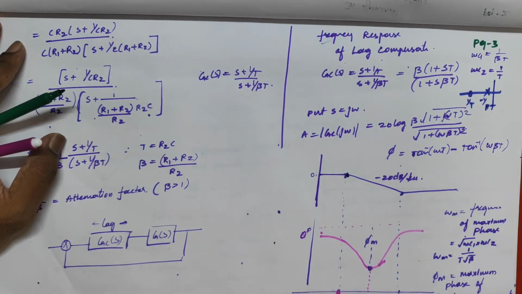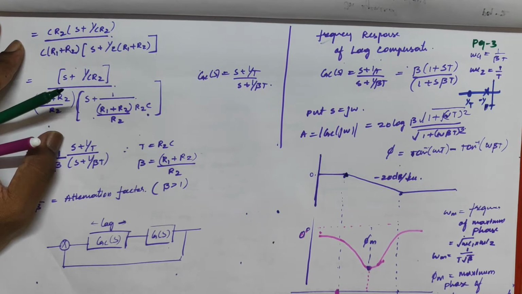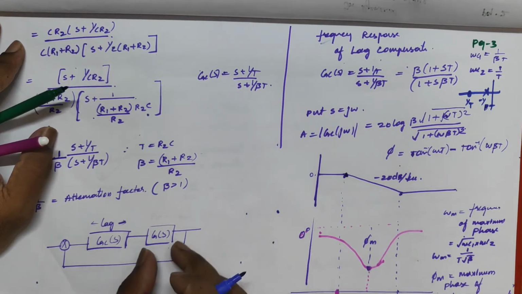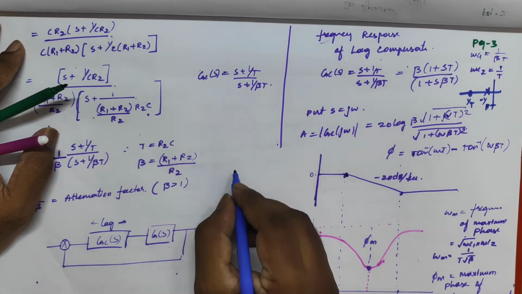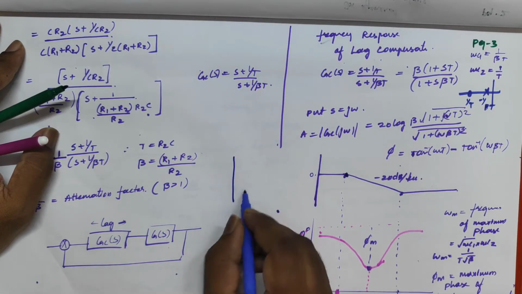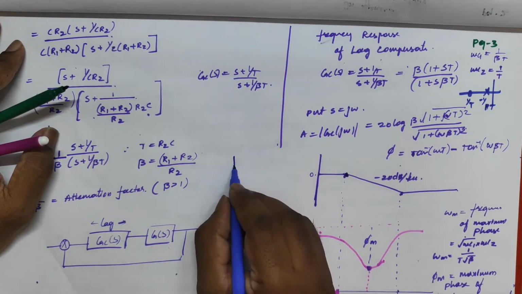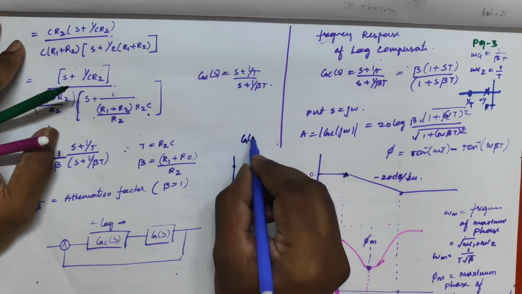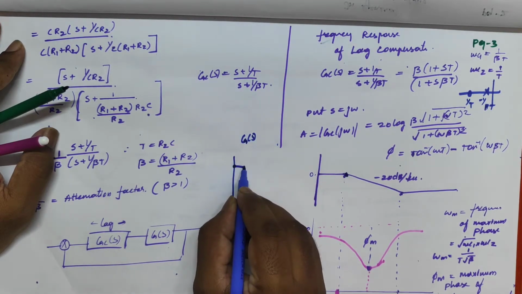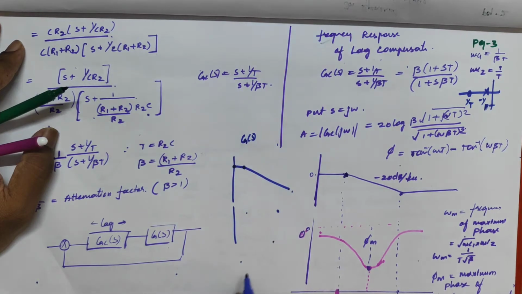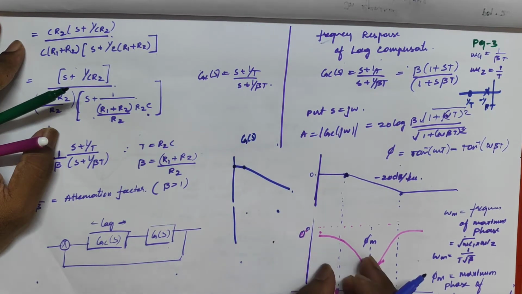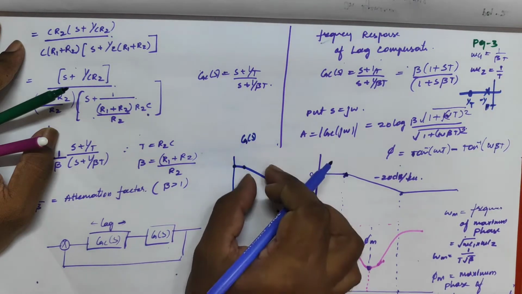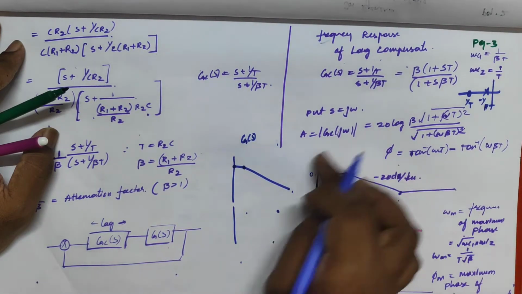Now our main thing is design. We already have a transfer function G(s), and I obtained the magnitude plot and phase plot like this. Now we are cascading the obtained Bode plot.